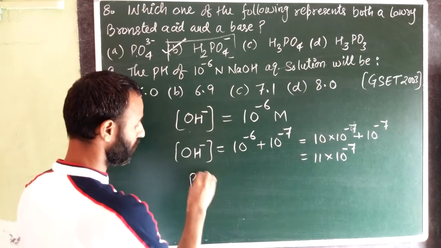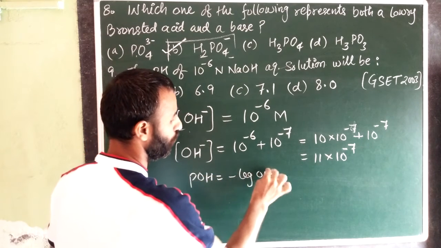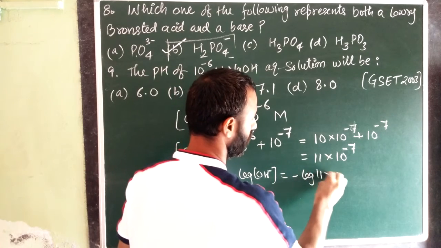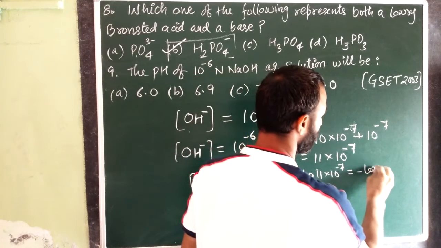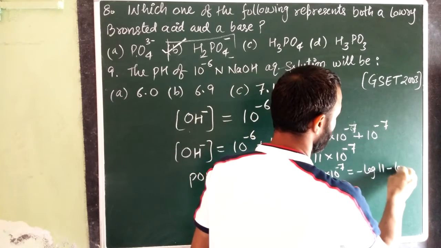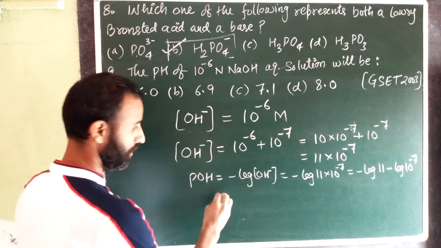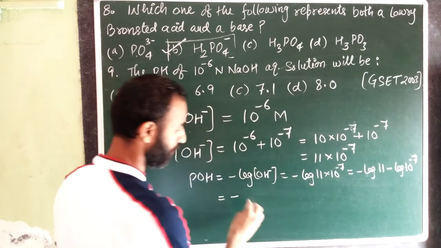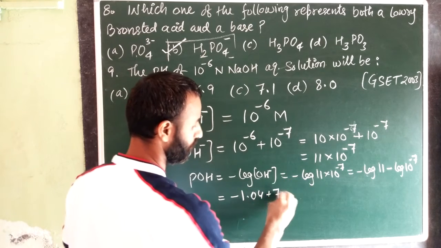So pOH comes out to be minus log of OH negative ion, that is minus log of 11 into 10 raised to minus 7, means minus log of 11 minus log of 10 raised to minus 7. So it is minus log 11 is 1.04 and plus 7.